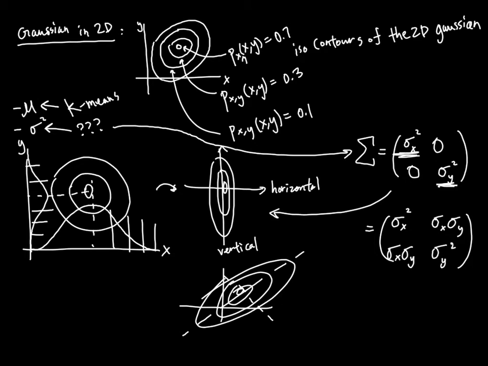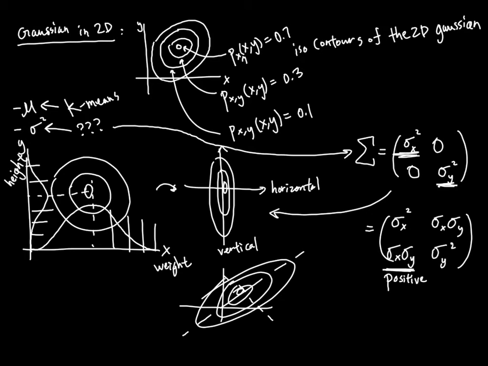But what about if x and y are very similar? Like say if this was weight and this was height, right? Then that means that they're very correlated with each other, right? Then these things will not be 0 because this will probably be positive if they are correlated.